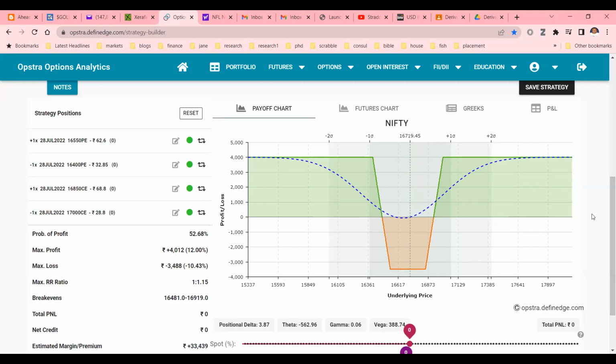Sounds odd, right? Does it sound odd to you, students? That the probability of success is actually higher here? So maybe option markets are telling us a very big move is coming next week, guys. So watch out then. Below 16,400 or above 17,000.